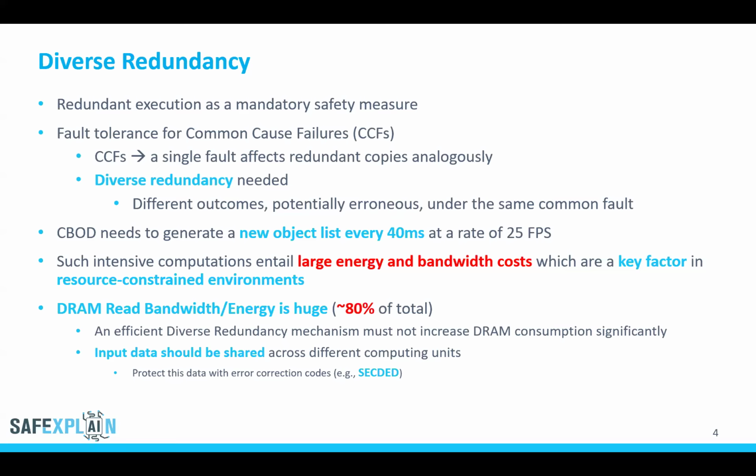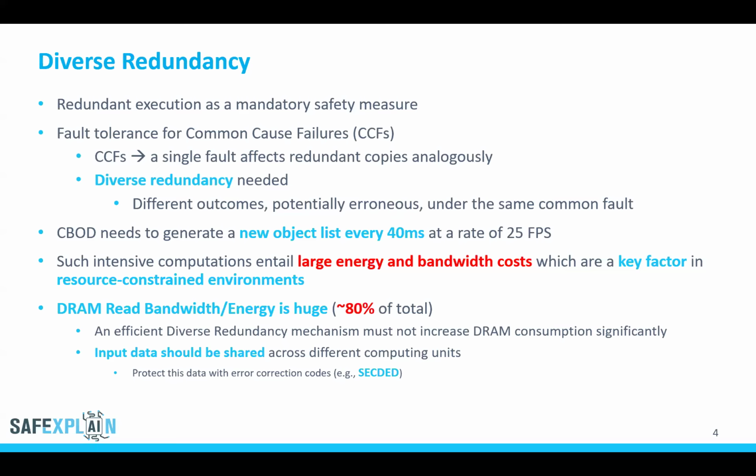We also need to take into account that camera-based object detectors need to generate a new object list around every 40 milliseconds, which is a rate of 25 frames per second, more or less what we need for real-time operation. This entails very large energy and bandwidth costs, which are a key factor in these systems.